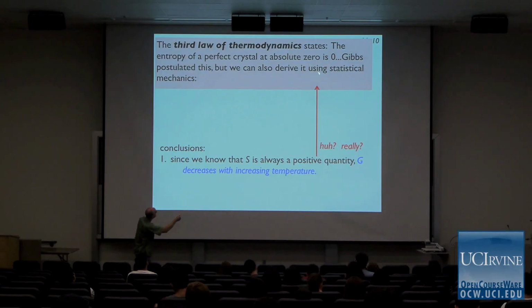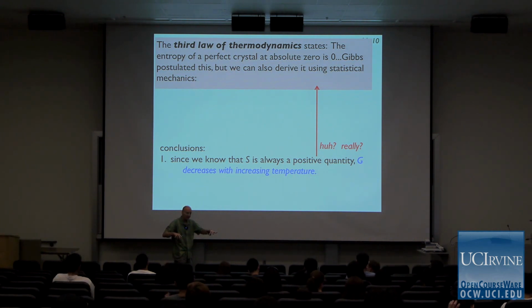So the first law is about energy, the second law is about entropy and the spontaneity of a process, and the third law simply says that the entropy of a perfect crystal at absolute zero is zero. In other words, if you make the system cold enough so that it can only occupy one state, the atoms are locked into the positions defined by a crystalline lattice. The entropy of that system is zero by definition. That's what the third law of thermodynamics says. So now we know all three.